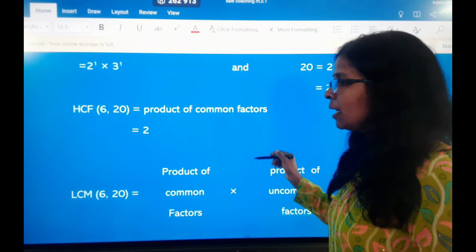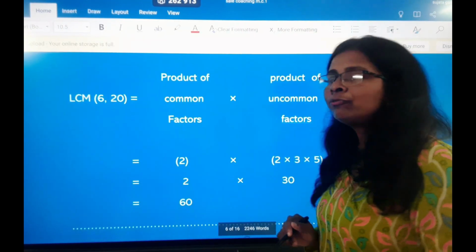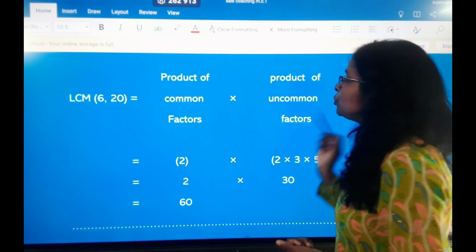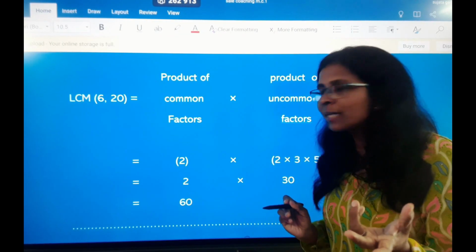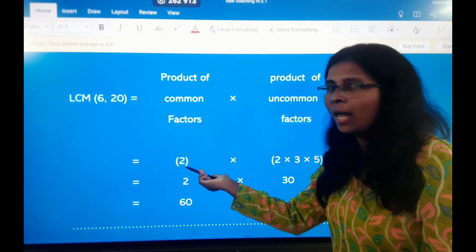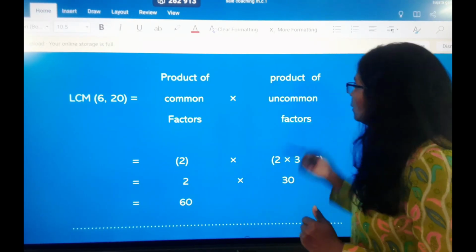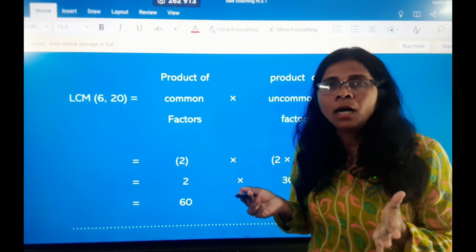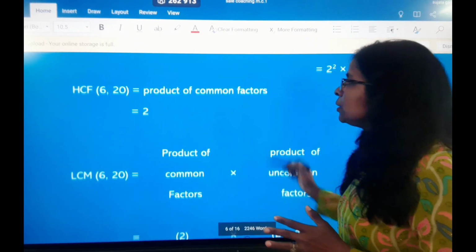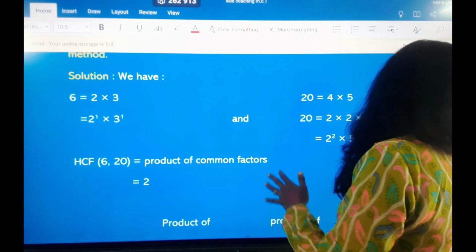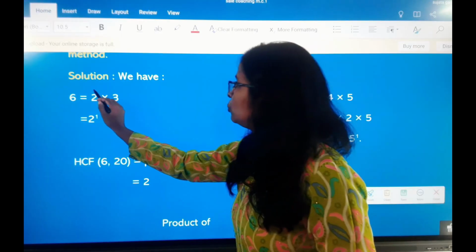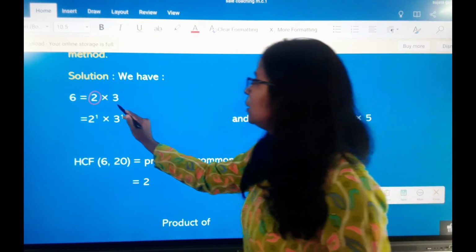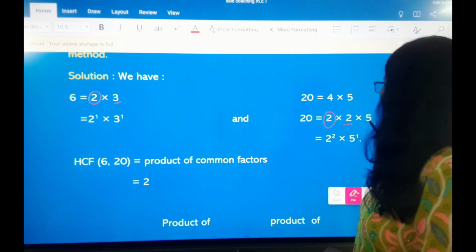नाउ नेक्स्ट दॅट इज द LCM of 6 and 20. सो द फॉर्म्युला इज product of common factors multiply product of uncommon factors. Product of common factors काय आताच काढलं, that means the HCF 2 आला. So substitute here 2. Now the product of uncommon factors. So here 2 is the common, and the uncommon factors are 3 and 5.